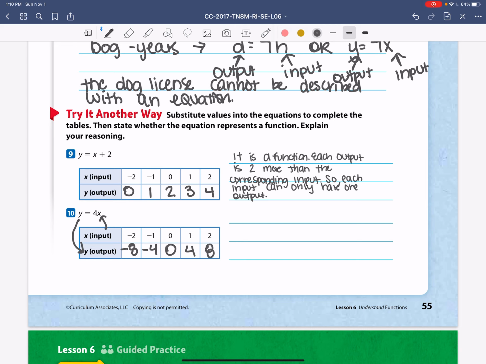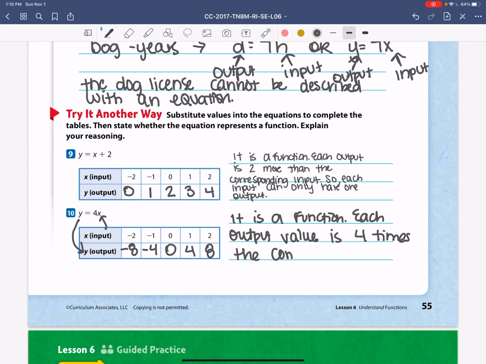Yes, it is a function because each output value, oh, I spelled value super wrong, value is 4 times the corresponding input value. So each input can only have one output.